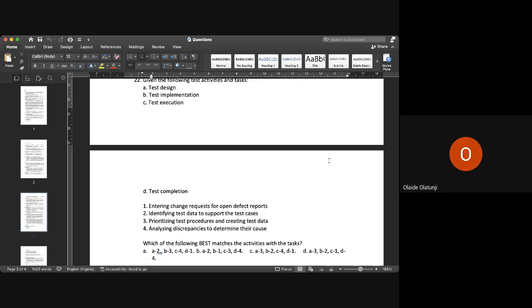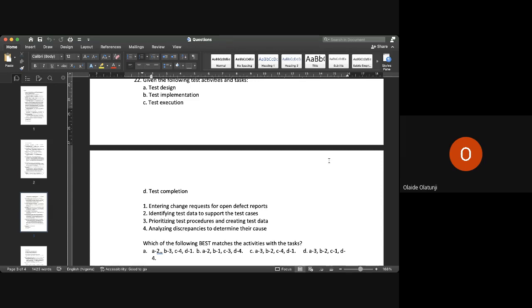Because in test execution, you are not creating anything, you are doing. The part where you are creating is test design and test implementation. Do you understand? That's where creation can come in. So the option you picked, B, is wrong.